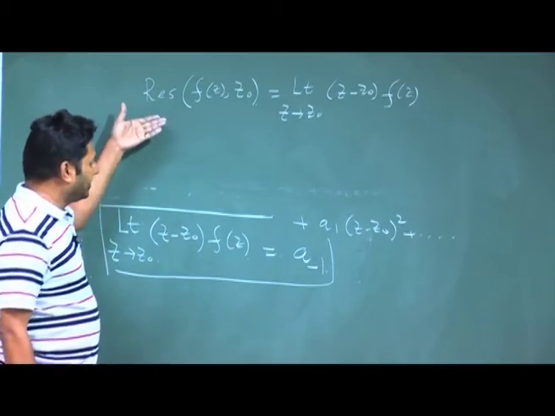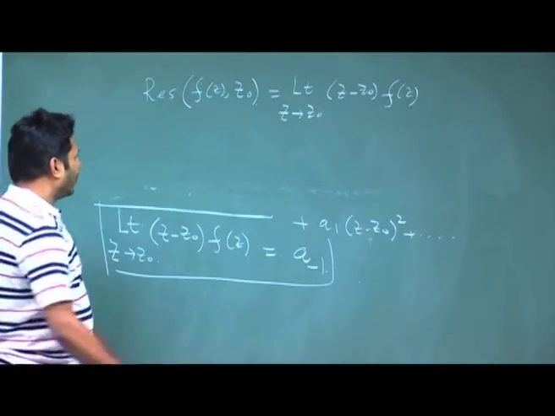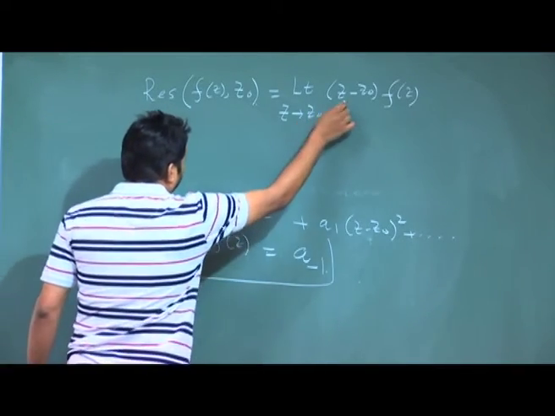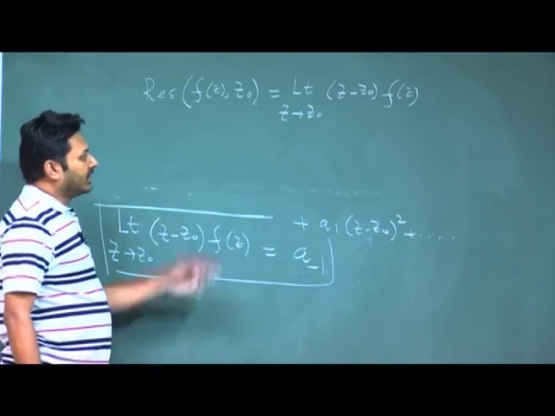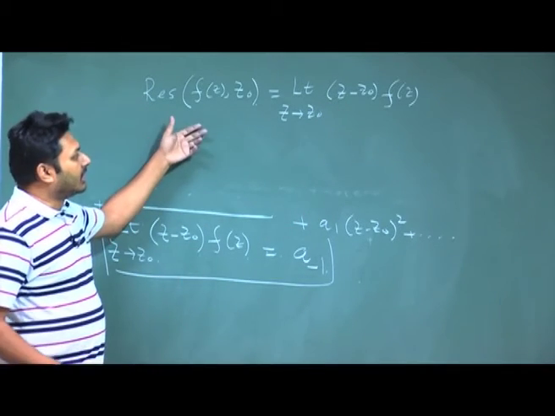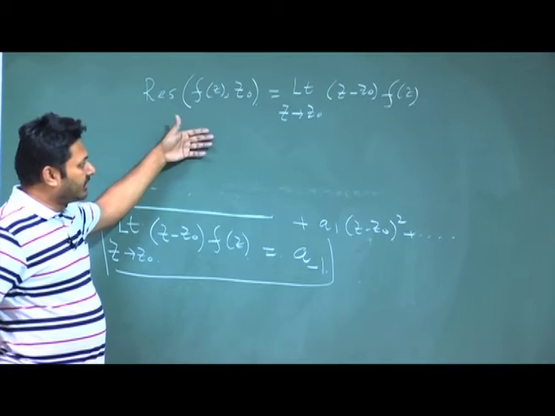This is the recipe to find the residue once I have my functional form and know that this is a singularity of first order.